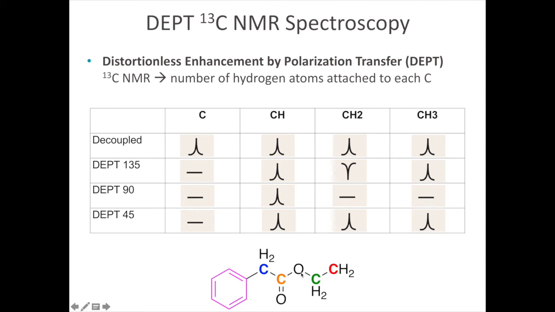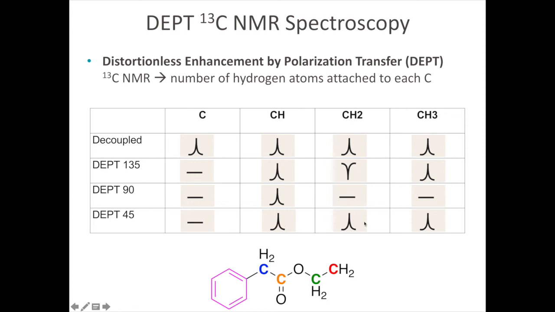Right? So for example, if you were this orange carbon, what kind of signal would you see? This is a quaternary carbon, right? So therefore, you should see no signal in DEPT 135, 90, and 45. How about this green carbon? This green carbon is CH2.